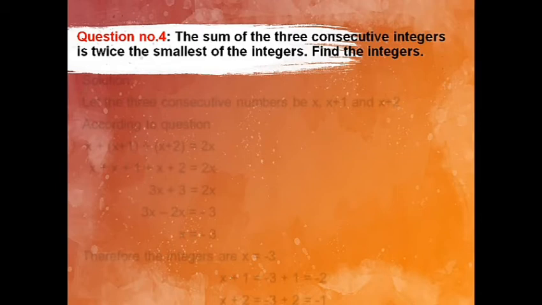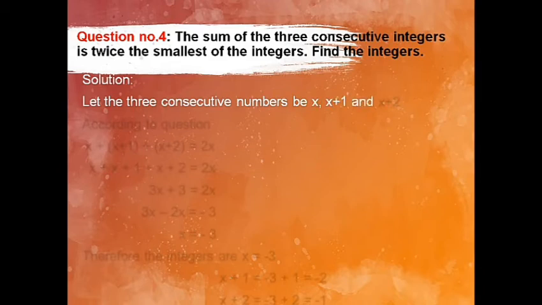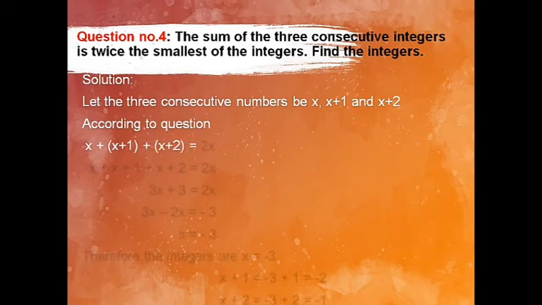Okay. So let the three consecutive integers be x, x plus 1 and x plus 2. Then according to the question, the sum of these three integers is equal to twice the smallest of the integers. So the sum means x plus x plus 1 plus x plus 2 equals twice the smallest of the integers.